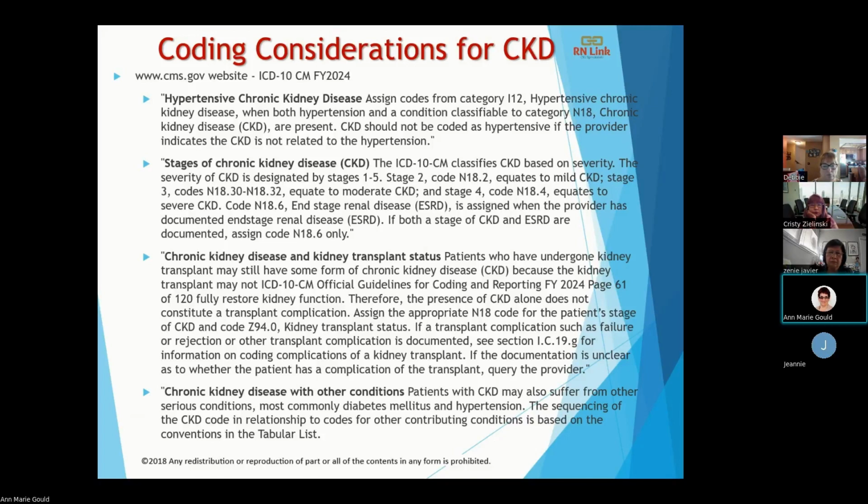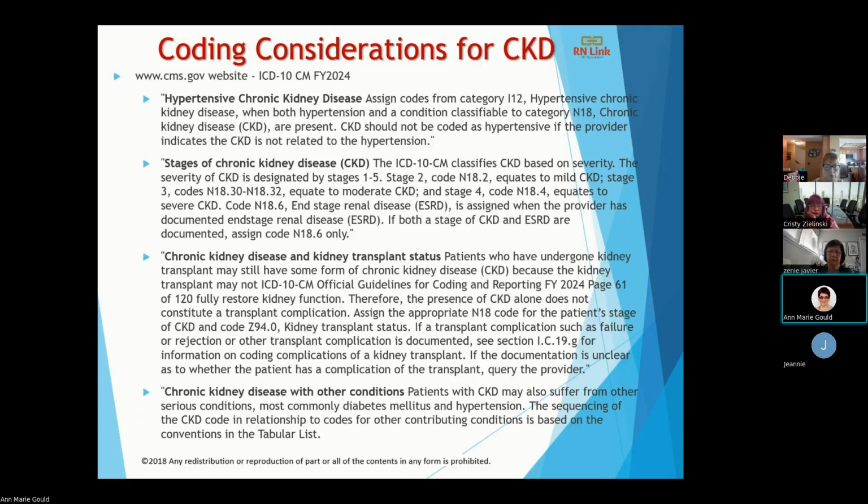Now, when it comes to your stages of CKD, ICD-10 classifies CKD based on severity. So this is where all your CKD stages come into play. Coding rules say this is how you're going to code: end-stage renal disease is assigned when the provider has documented end-stage renal disease.